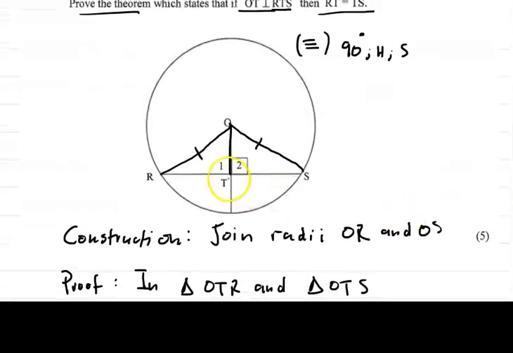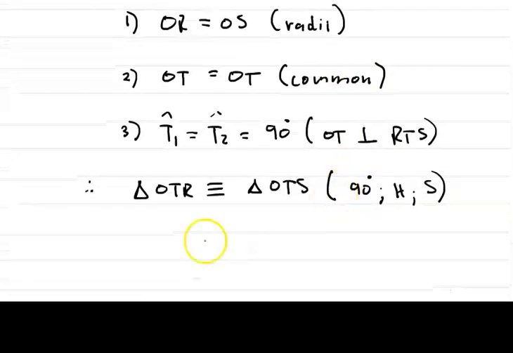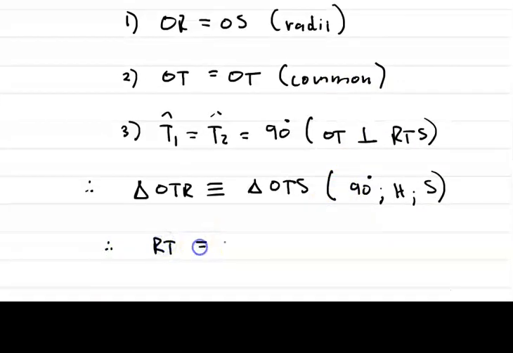So in conclusion, if two triangles are congruent, it means that all their sides are equal and all their angles are equal. So that means that RT must equal TS. Therefore, RT equals TS because the two triangles are congruent. So we have congruent triangles.